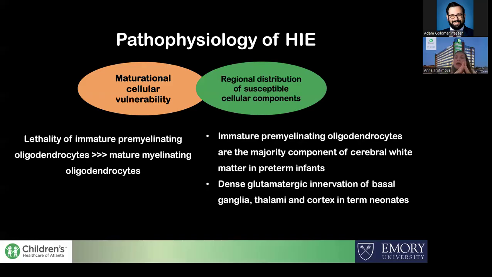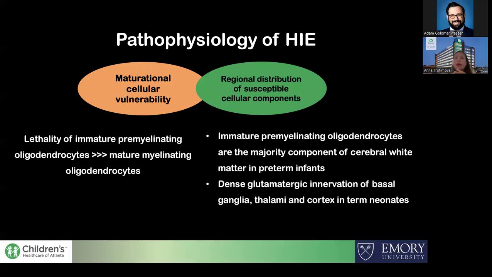In terms of the regional distribution of susceptible cellular components, the example is the known fact that immature pre-myelinating oligodendrocytes are the majority component of the cerebral white matter in preterm infants.